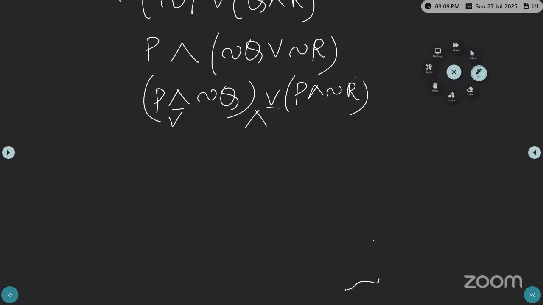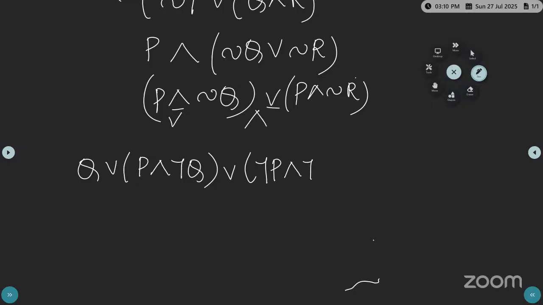Prove that Q or P and negation Q or negation P and negation Q is a tautology. You have to get true at the end of this one.